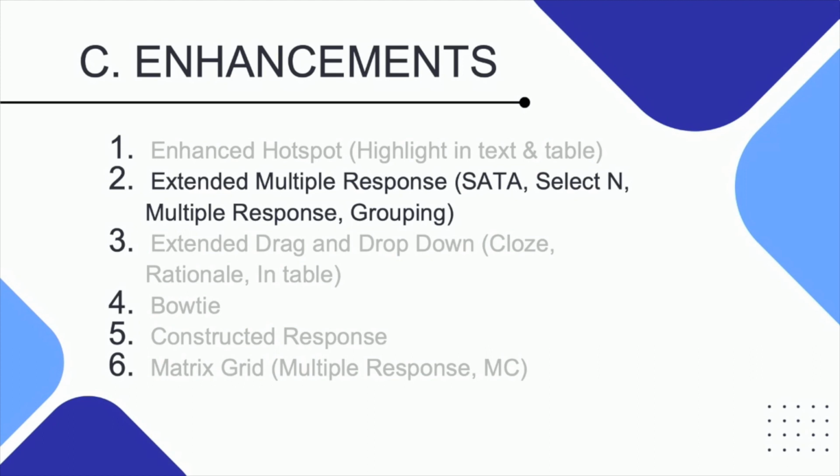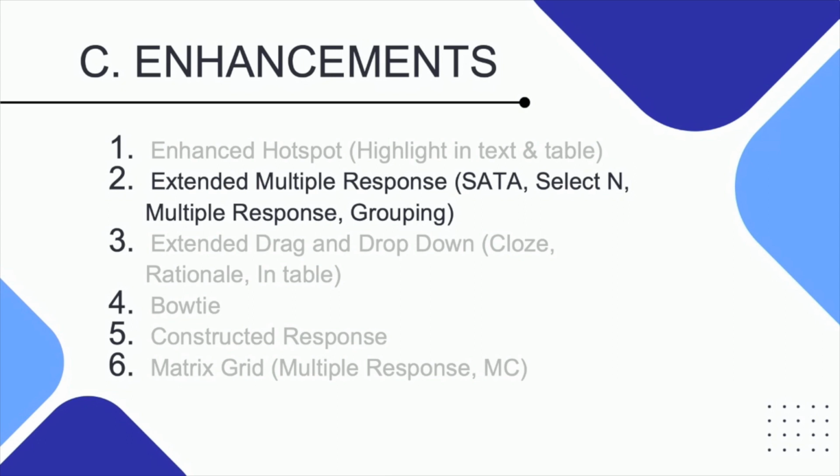And you are going to have to select everyone that applies, or a specific number that applies. So maybe they say select 6 of the important findings, or select 2, or select 9. I don't know, but they'll give you the number. And then also grouping items to dictate whether they are correct or incorrect.